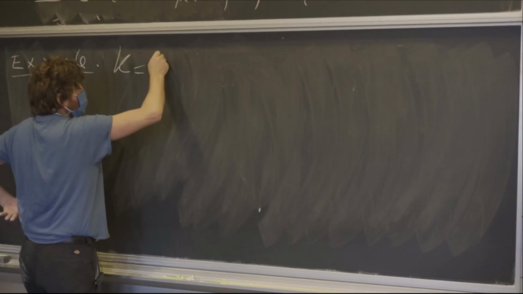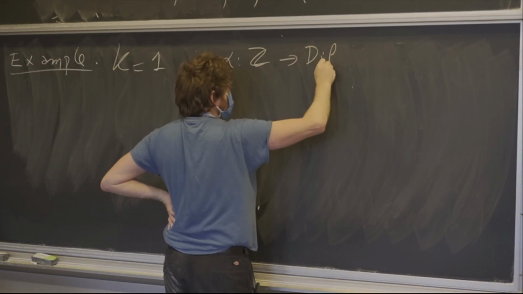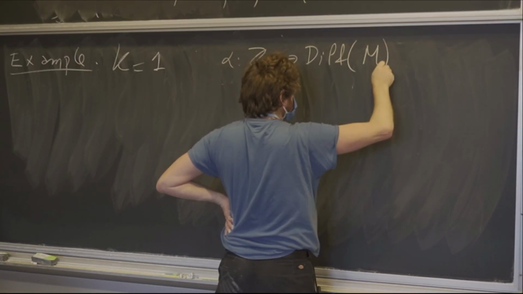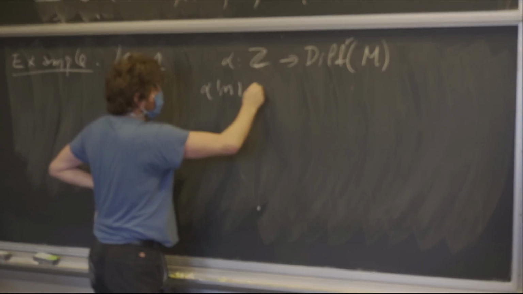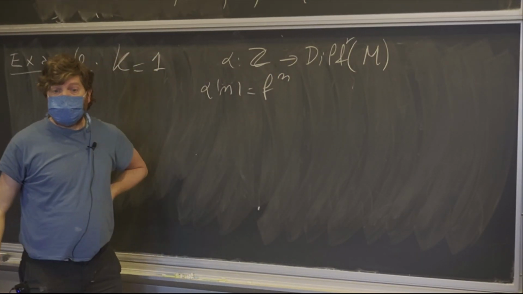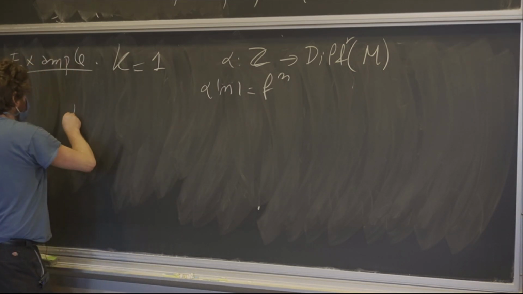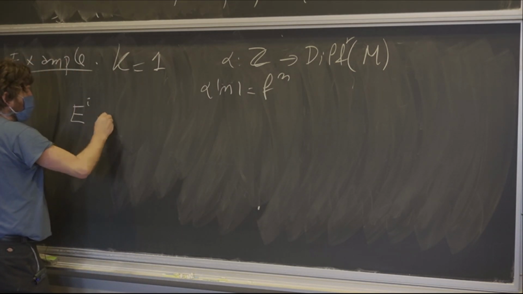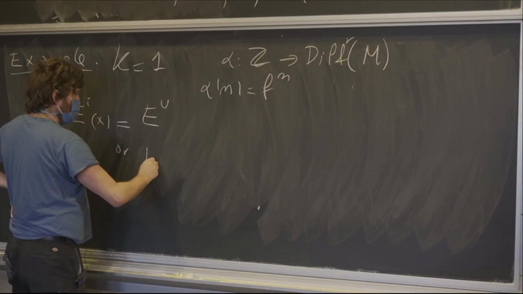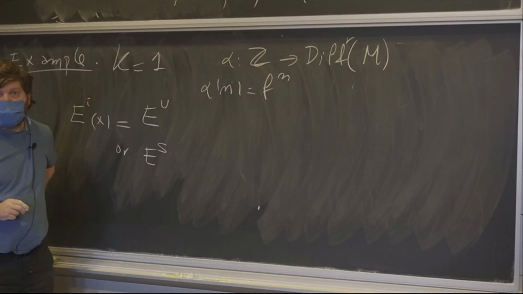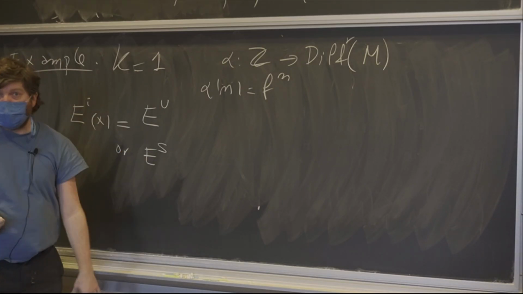Take k equals to 1. So alpha of n is just f to the n for some diffeo. Okay? Then in this case, you can check that Ei is either Eu or Es, depending on whether you are considering positive or negative.